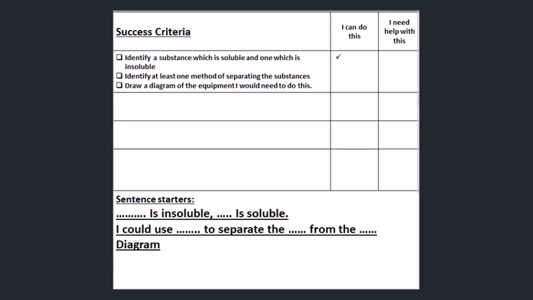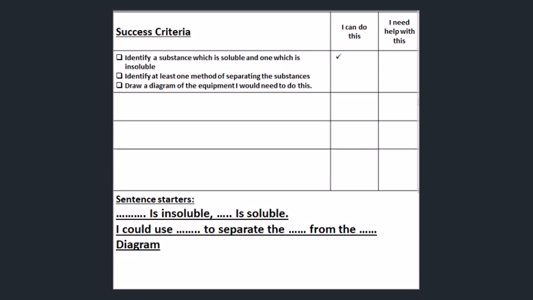Identify at least one method of separating the substances, which I'm going to show you a little bit of information on in a minute. So you can put a tick there, and draw a diagram of the equipment I would need to do this. Now you will need to write this up using proper sentences, and so these are good ways of starting the sentences. You say something is insoluble and something else is soluble.